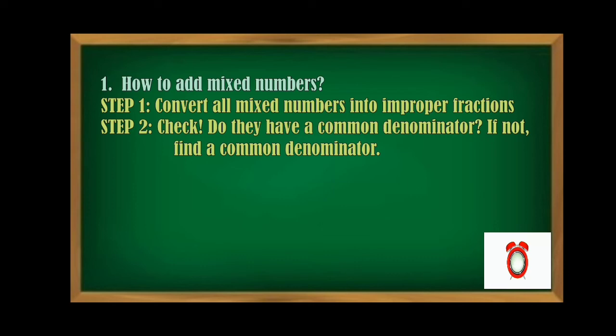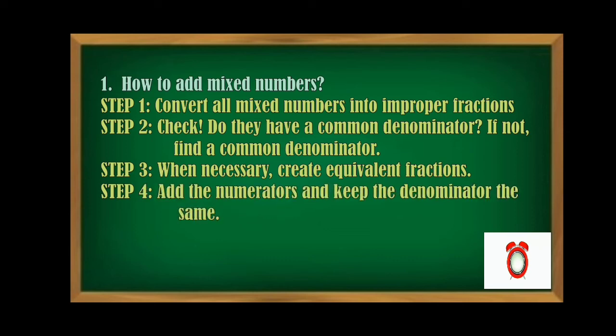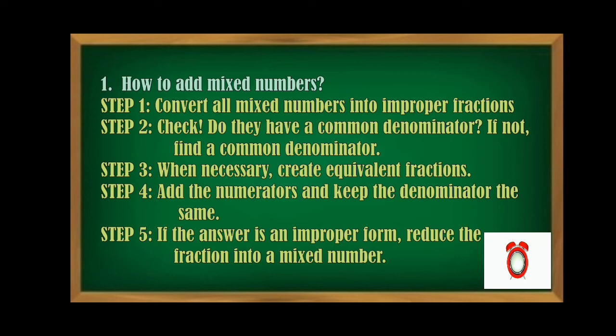If not, find a common denominator first. Step 3, when necessary, create equivalent fractions. Step 4, add the numerators and keep the denominator the same. Step 5, if the answer is an improper fraction, reduce the fraction into a mixed number.